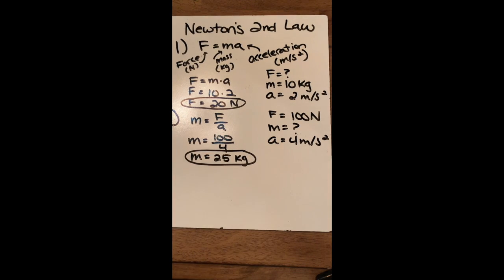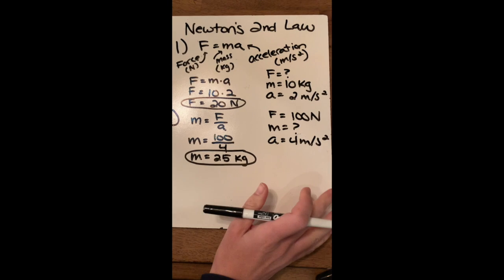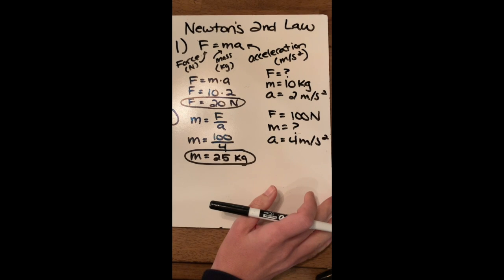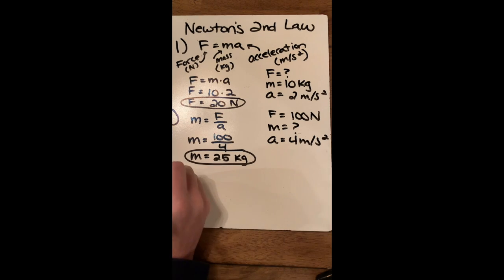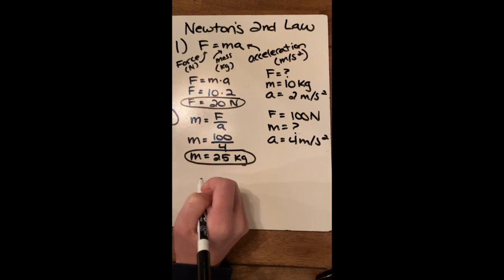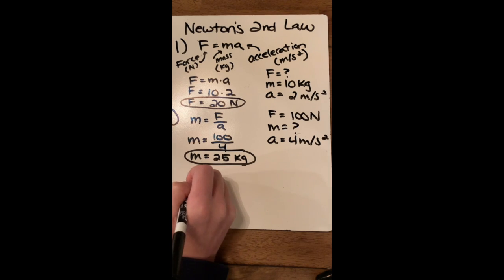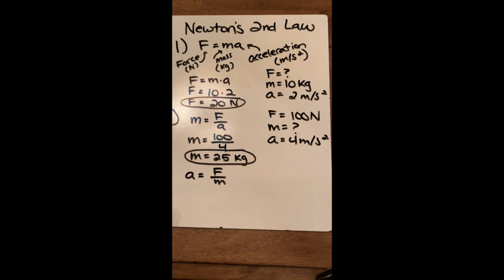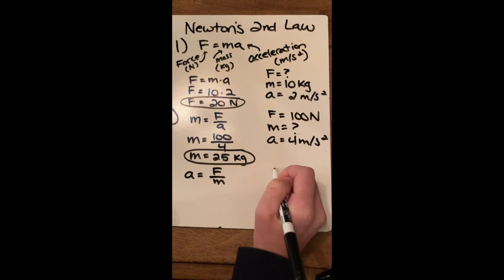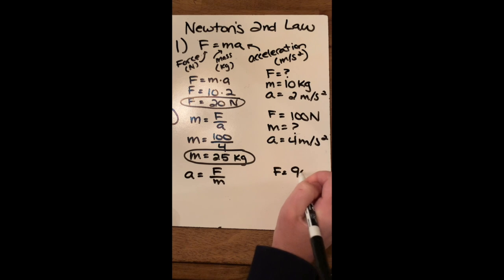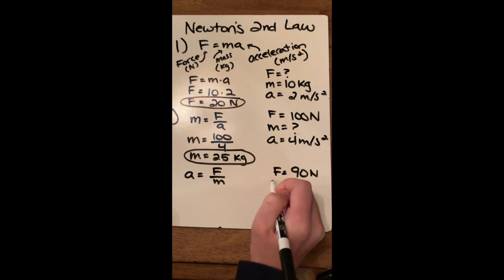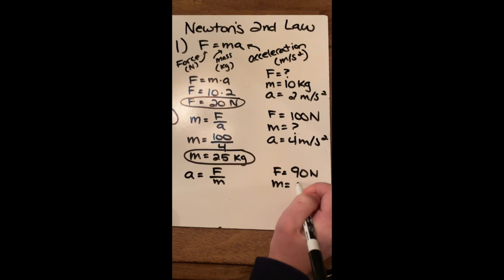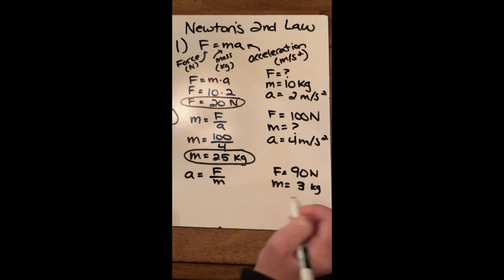Great. So sometimes you are given the force and the mass, but you're not given the acceleration. This is the third variation of Newton's second law: acceleration equals force over mass. Let's say my force is 90 newtons, my mass is 3 kilograms, and I'm trying to solve for the acceleration.